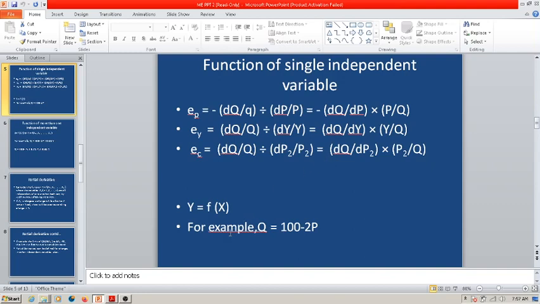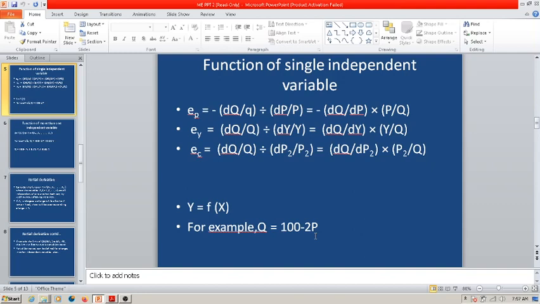For example, when you are given a demand function q is equal to 100 minus 2p, here if you are asked to compute the price elasticity of demand, you can make use of this expression dq by dp into p by q. Here you are taking the derivative of this function with respect to p. In a similar way, if it is given that q is equal to 100 minus 2y or 100 minus 0.5y, then it is a function of income.